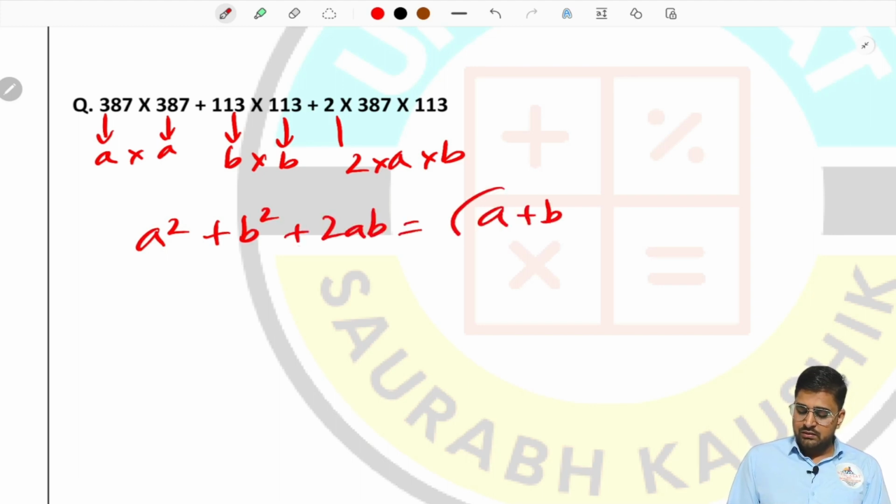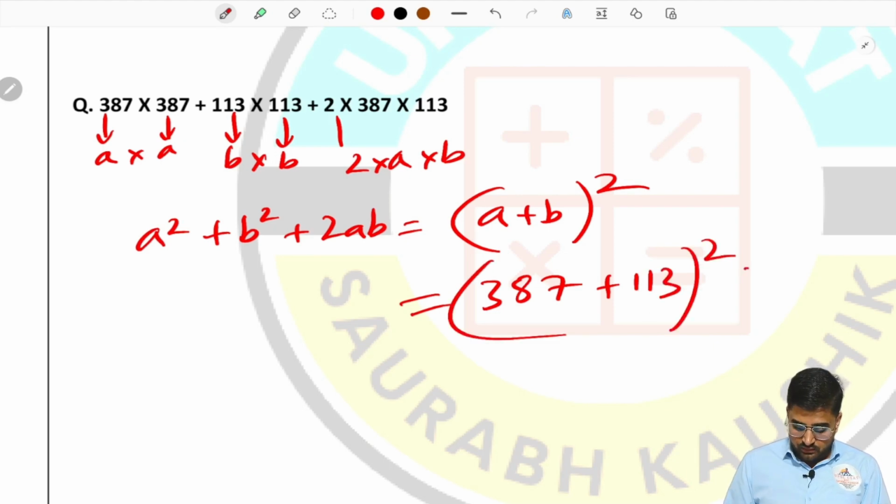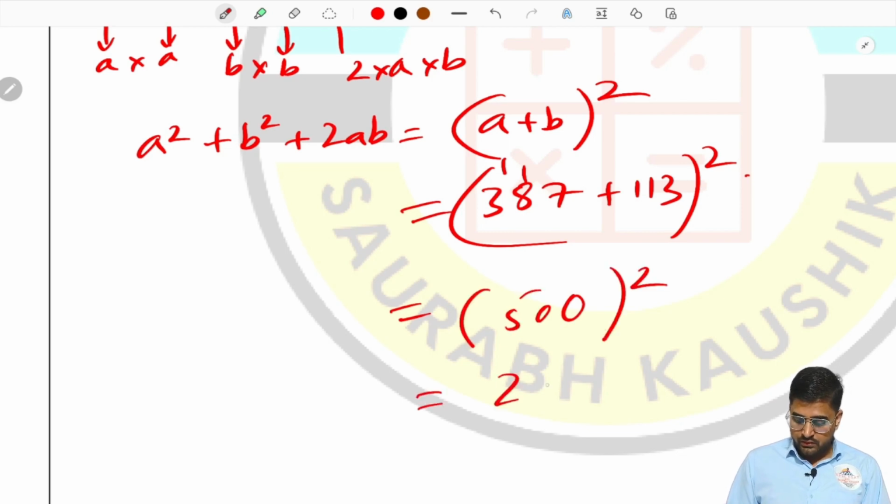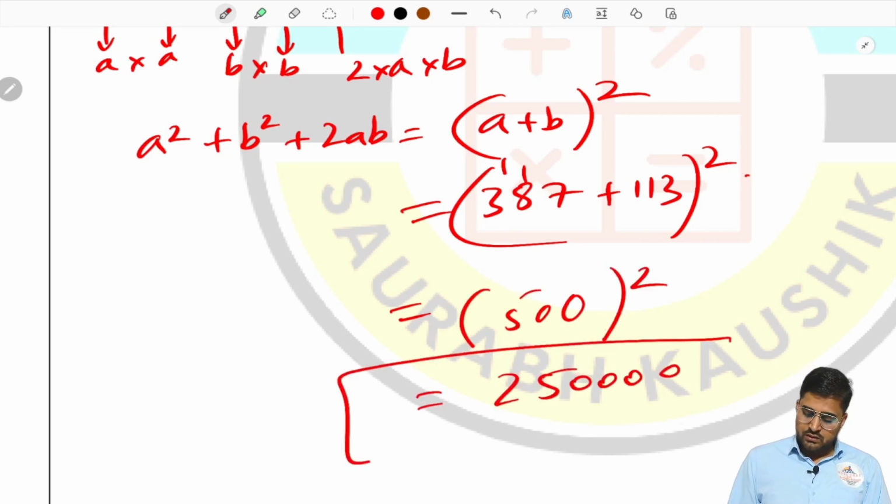It's a plus b's whole square. What is a? 387. What is b? 113. Make the whole square. Now when you make the whole square, it is 500 square, which is 25 with the zeros. That's the answer.